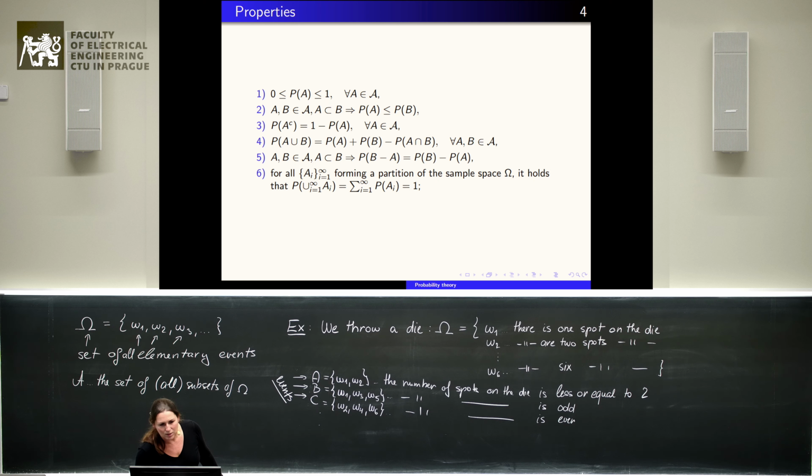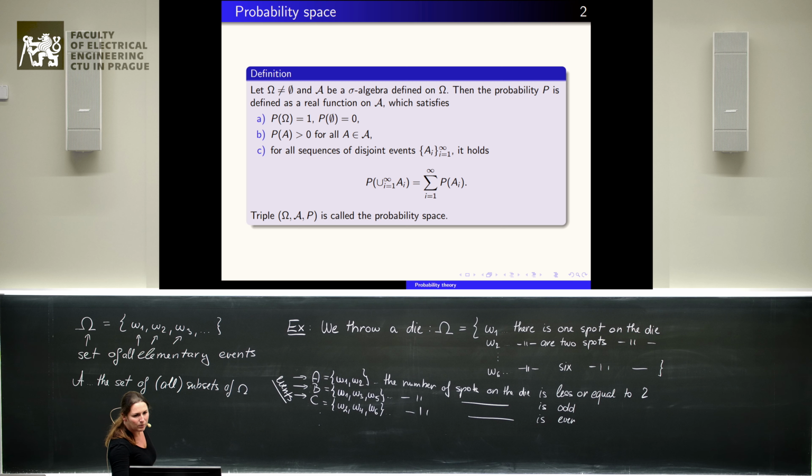And why do we have this terminology? The properties of the probability, which we will talk about, follow from these intersections and unions and this set theory. So when we define the probability as the function on the sigma algebra A, then it is a function which has values between 0 and 1. Always it must be positive or at least equal to 0.